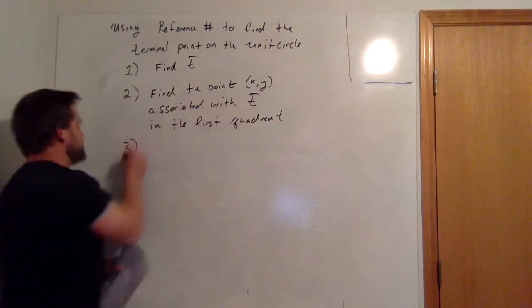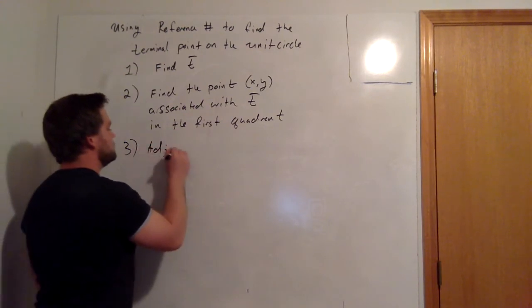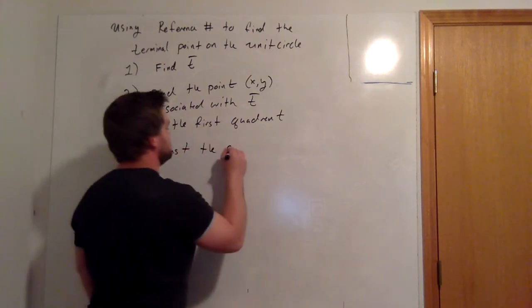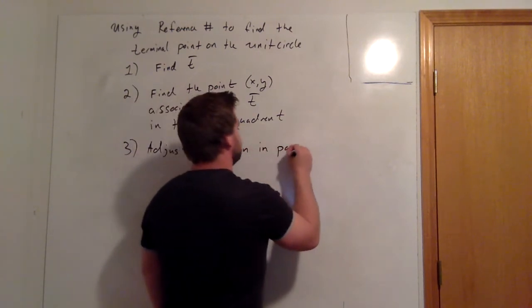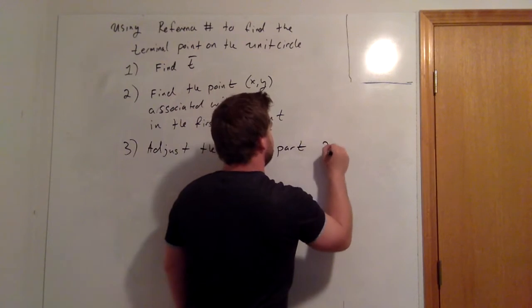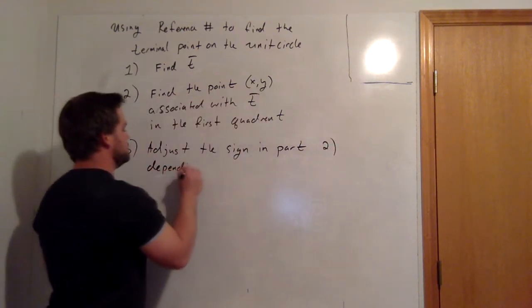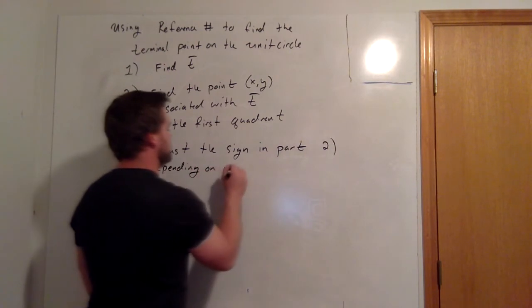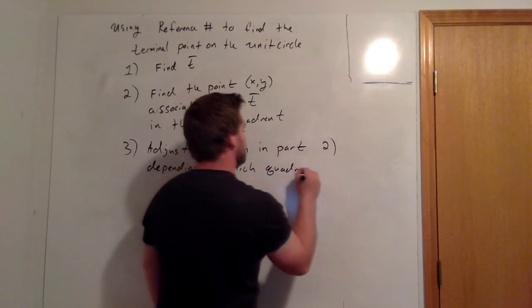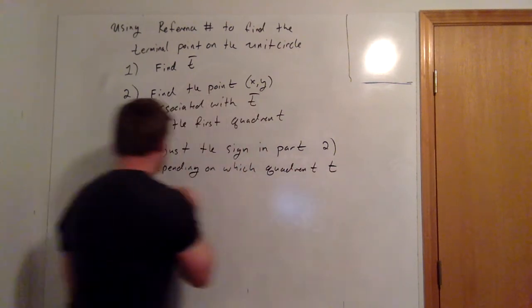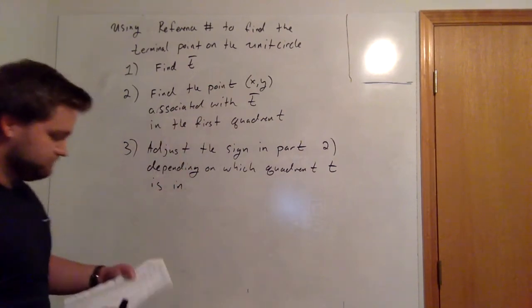And then three, adjust the signs in part two depending on which quadrant t is in, where t is the distance we've traveled along the circle.